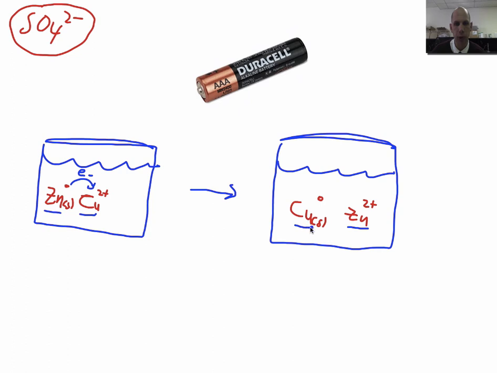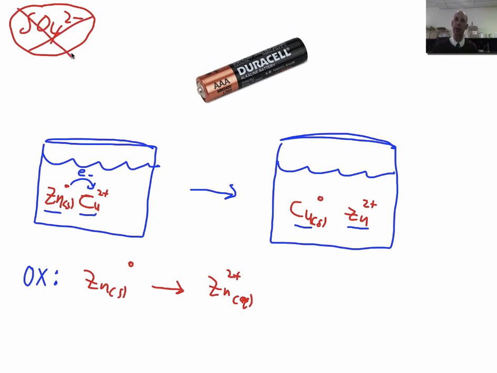Okay. So what is happening to Zn is being oxidized. We're going to call that ox. And we're going to call this the oxidation half reaction. Okay. So for the oxidation half reaction, Zn is starting as Zn solid with a 0 charge, and it is going to Zn 2+, which is now aqueous. Now the sulfate's there, we're just ignoring it right now because it's not involved in the spontaneous transfer of electrons.